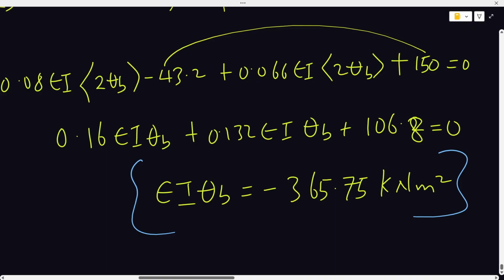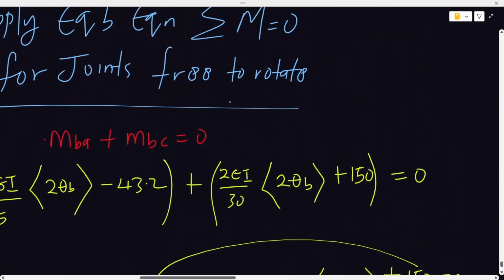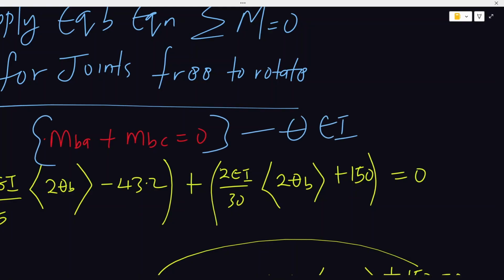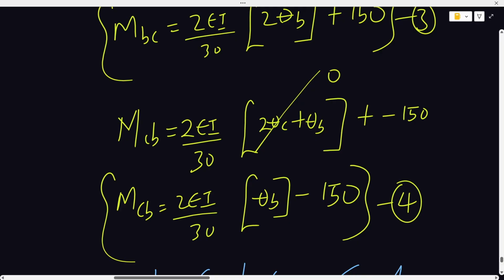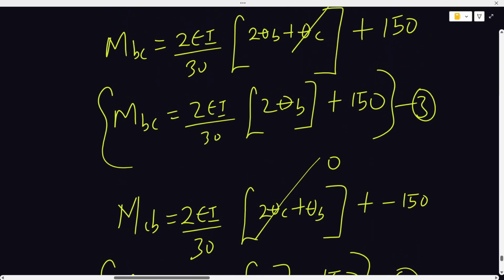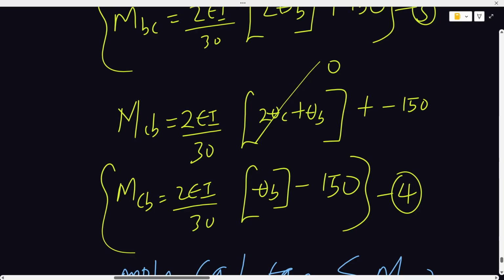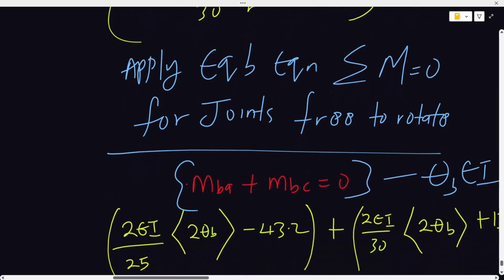I have this in mind. So the purpose of this equation is to get the rotations, but of course in terms of EI. The impediment to solving this MBC was that we didn't know theta B, which was the only unknown in it.